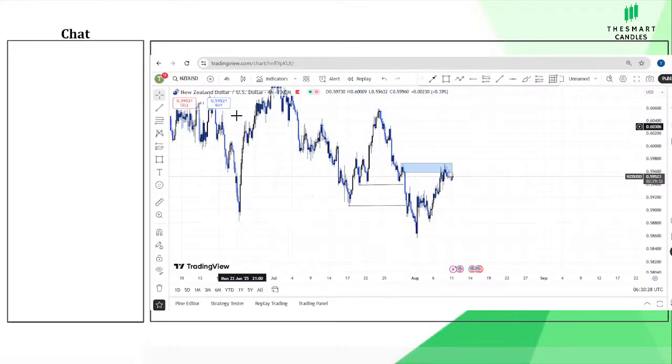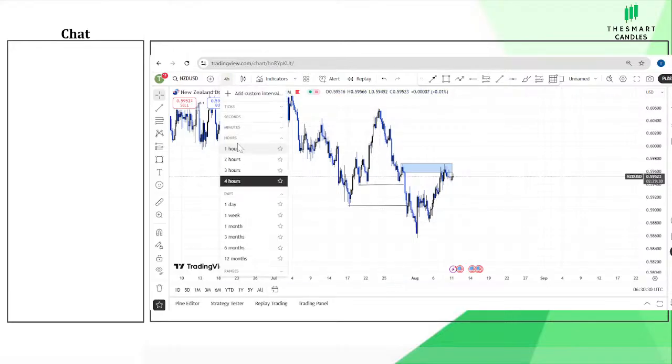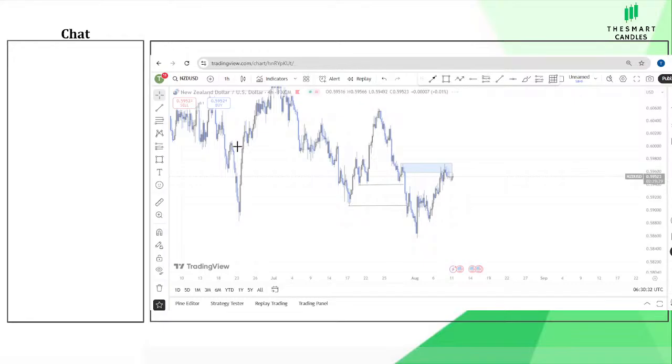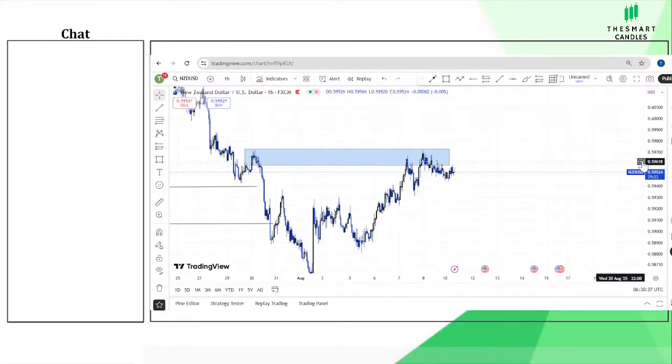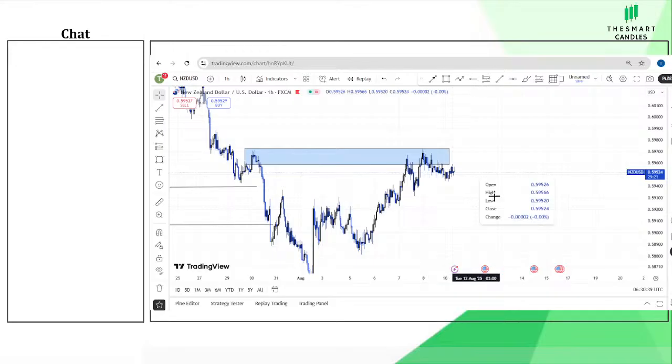So at this point, we are bearish on NZD USD. So let's look at the 1 hour entry confirmation. Let me take everything off so we have a clear chart.